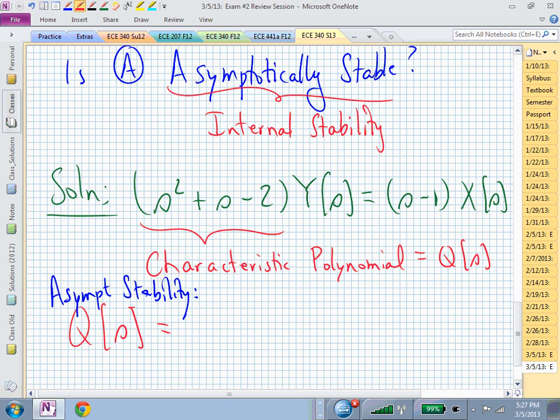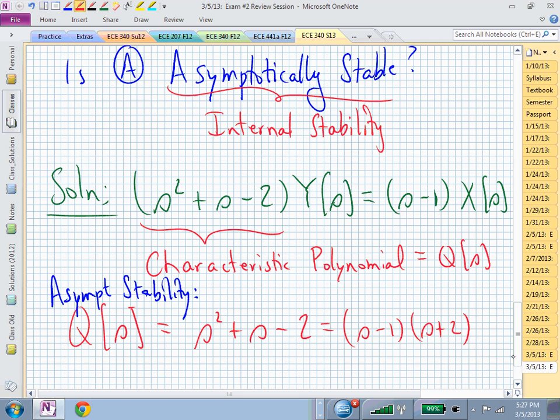In terms of the asymptotic stability for this system, we're now looking at s squared plus s minus 2, or the roots thereof. Hopefully it's clear that those are the roots or the factors of that second order polynomial. It can be factored into two real roots.